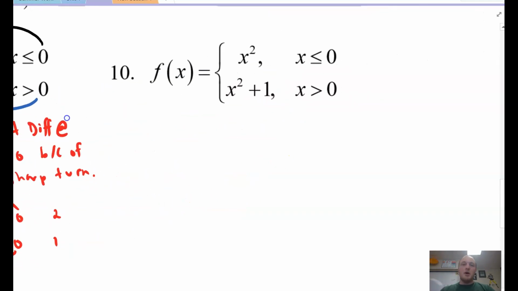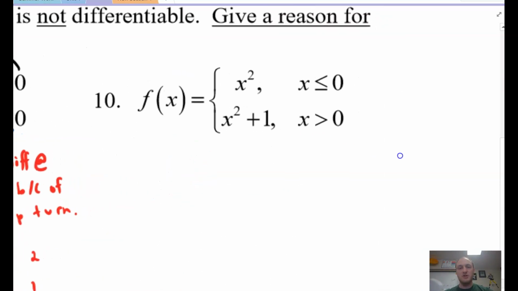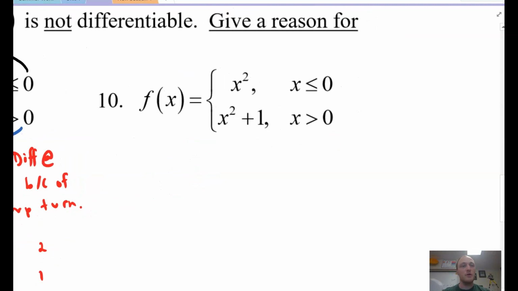Number 10. On number 10, we'll do the same thing we just did here. We're just going to check for continuity piecewise. That's what I would say always do first. So I plug in 0 into my function, and I get an output of 0. Here I plug in this cut point and I get 1. So what you have here is a jump discontinuity.